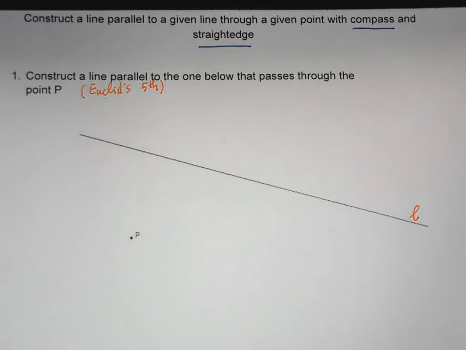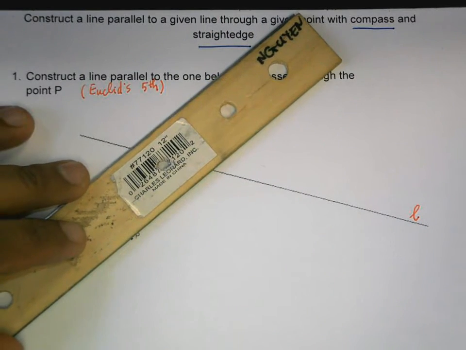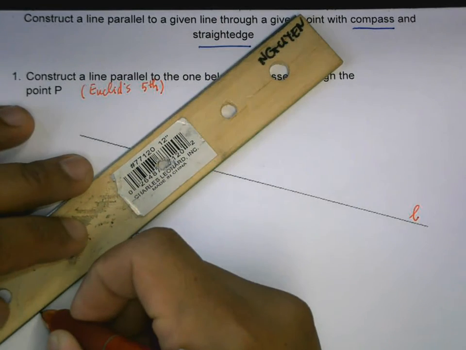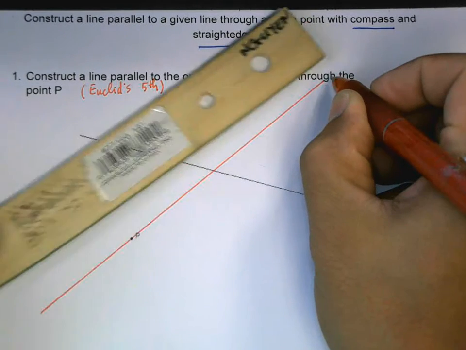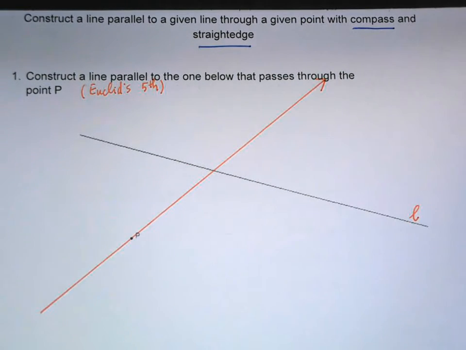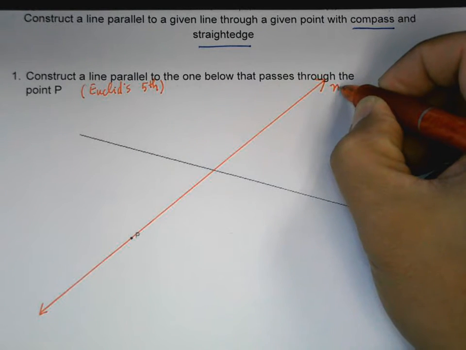So I am going to start with my straight edge, not my ruler, and create a transversal. So there is my transversal. We will call this line M.